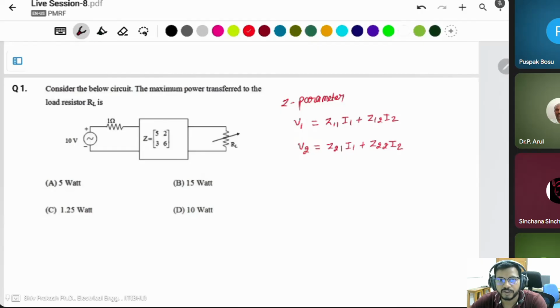The values are given as Z11 is 5, Z12 is 2, Z21 is 3, and Z22 is 6. But the circuit is not defined.